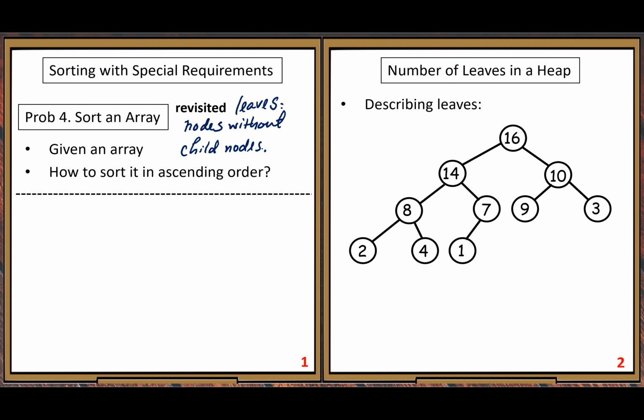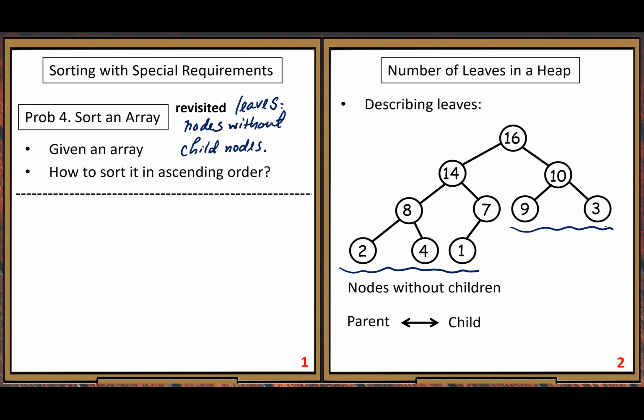First, from this diagram, let us look at what the leaves are. We know leaves are nodes without children. And from the figure, these 5 nodes do not have children. So the number should be 5.